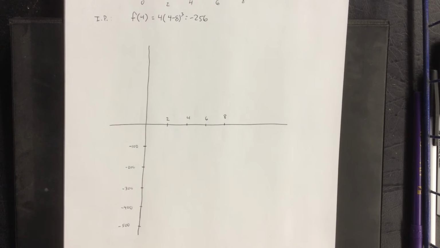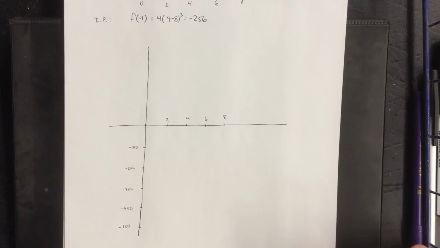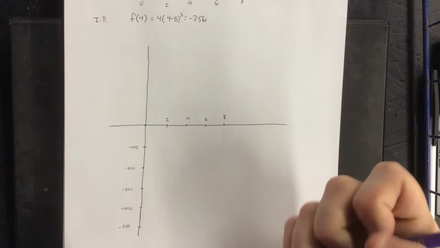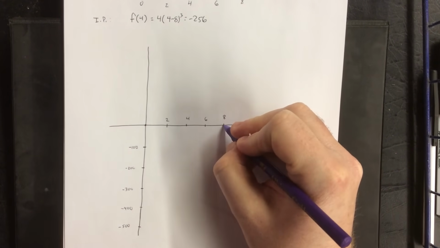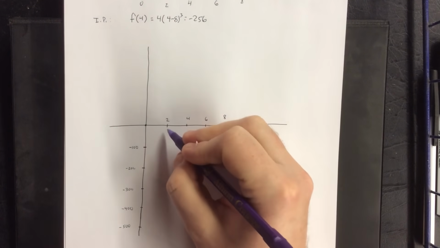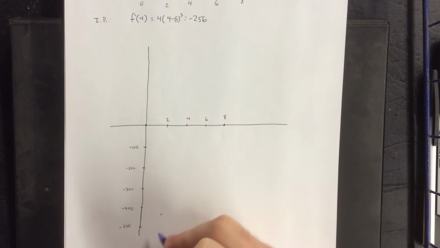Starting with intercepts. We had an intercept at 0, 0. You know what? I'm going to change the color up so that the color doesn't interfere with the axes at all. Let's go purple. Albion College, go Brits. So 0, 0 and 8, 0 were our two x-intercepts. For critical points, we had a local minimum at 2, negative 432.